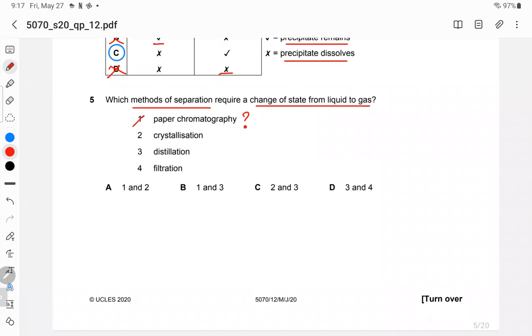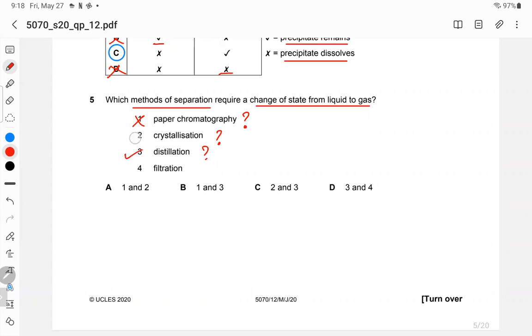In crystallization, do you have to change the liquid into gas? No, sir. In distillation, do you have to change the liquid into gas? Yes, sir.